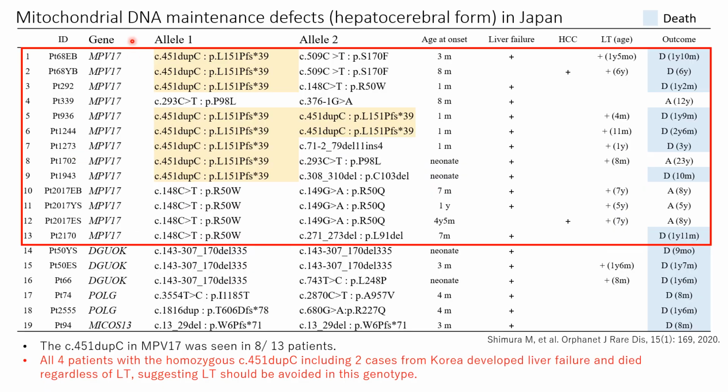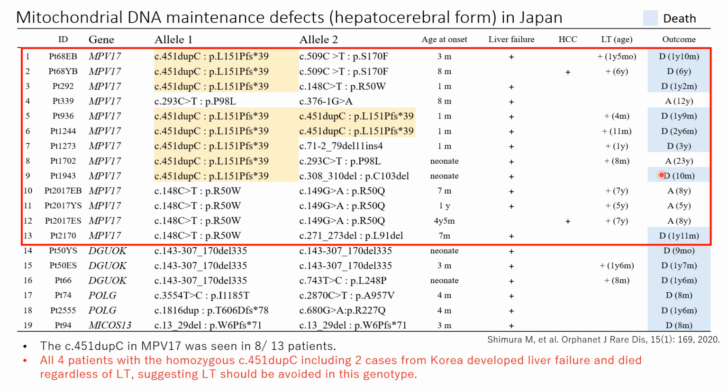Then, I focused on the correlation between genotype and prognosis after liver transplantation. These are patients who were genetically diagnosed with the hepatocerebral form of mitochondrial DNA depletion syndrome. The blue means deceased cases. Except for MPV17 patients, all cases were deceased.